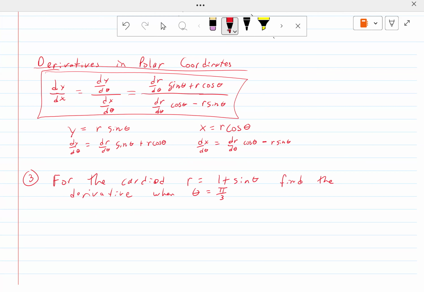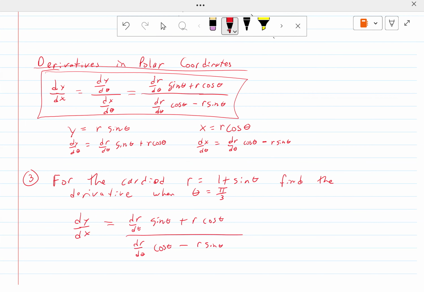So when theta is equal to pi over 3, let's find the derivative of this thing. We need to know what is dr d theta, because again, dy dx is going to be equal to dr d theta times sine of theta plus r cosine theta all over dr d theta times cosine theta minus r sine theta.